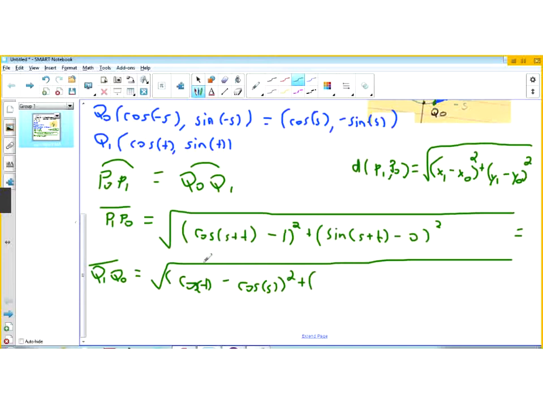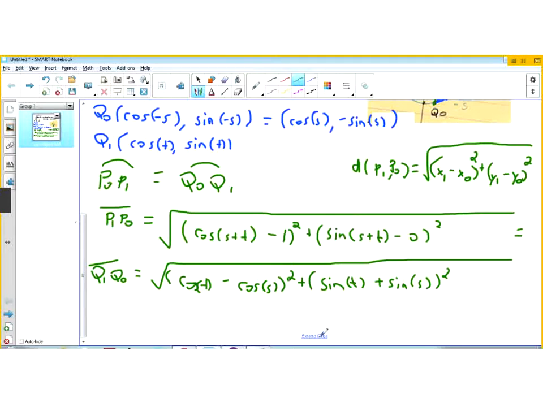The ordinate of Q1 is sine of t, I beg your pardon, and the ordinate of Q naught is minus sine of s. So the minus minus translates to a plus, and we square that.